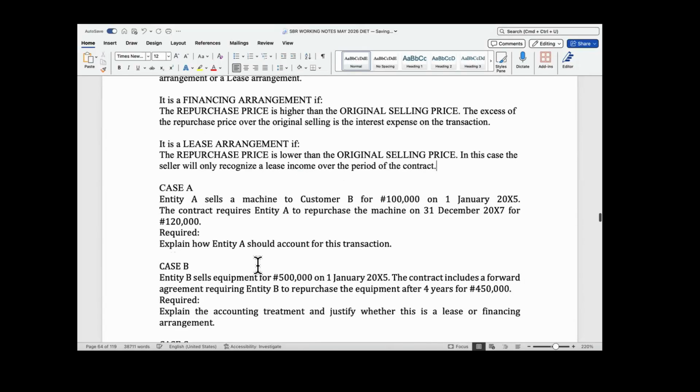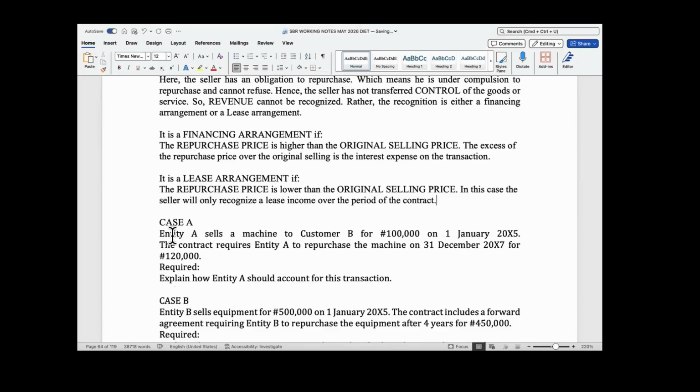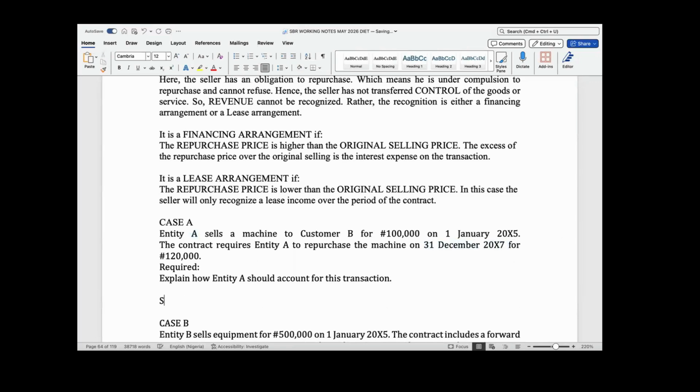So let me show you just three simple cases. The first case says entity A sells a machine to customer B for 100,000 on 1st January 2005. The contract requires entity A to repurchase the machine on 31st December 2007 for 120,000. Explain how entity A should account for this transaction.